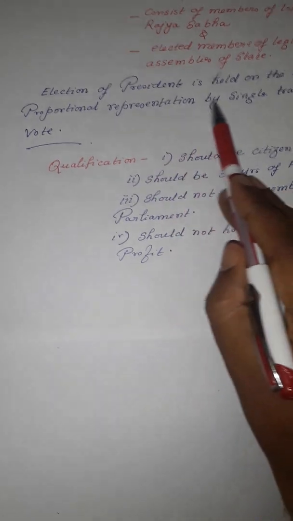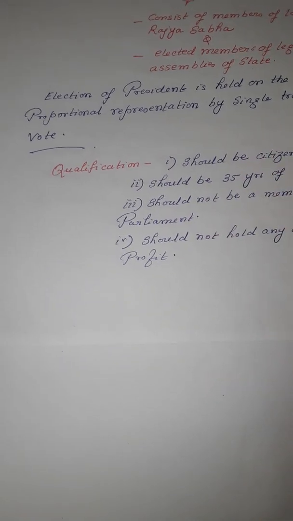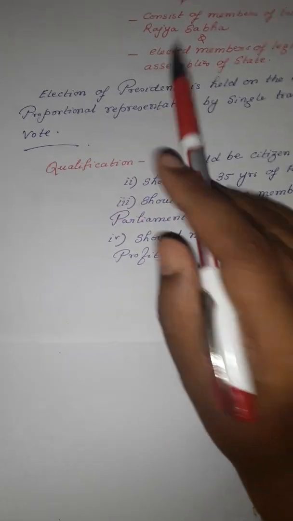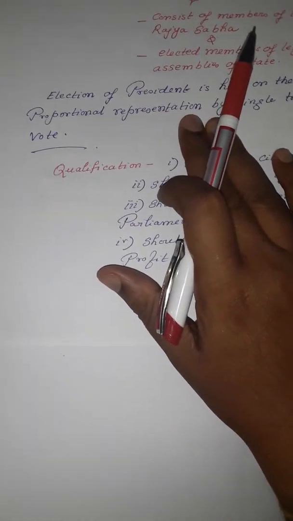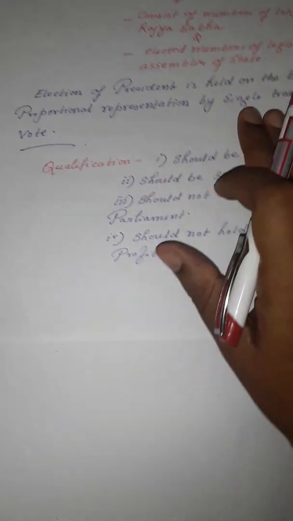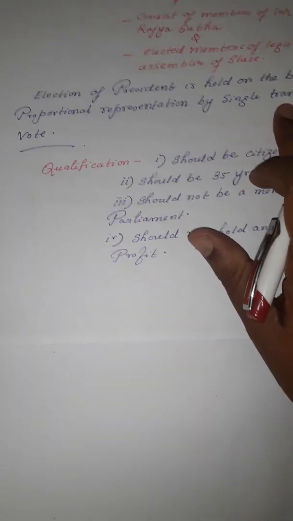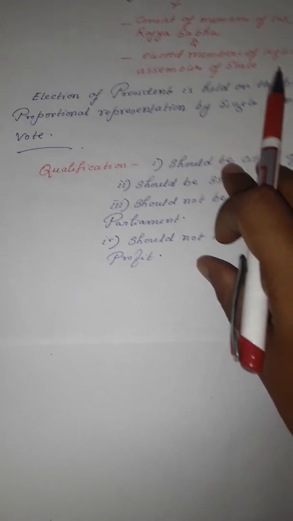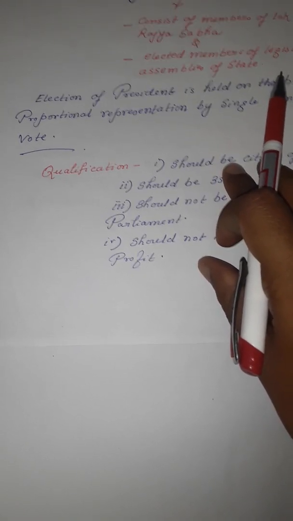I had already explained this in my previous video in the chapter on elections and representation. In proportional representation by single transferable vote, first a quota is fixed, and that quota needs to be fulfilled.